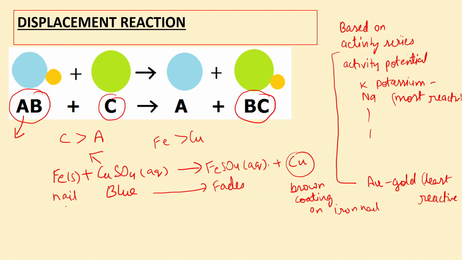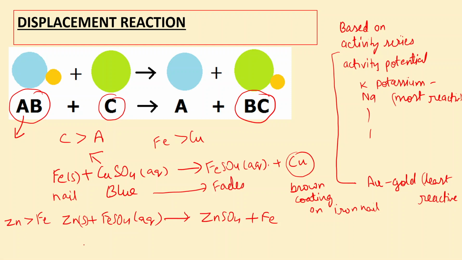Now we can take two more reactions. Zn plus FeSO4, this is aqueous, this is solid. What happens? ZnSO4 is formed and iron is displaced. Why? Because zinc is more reactive than iron.